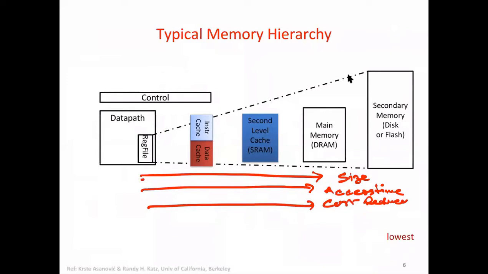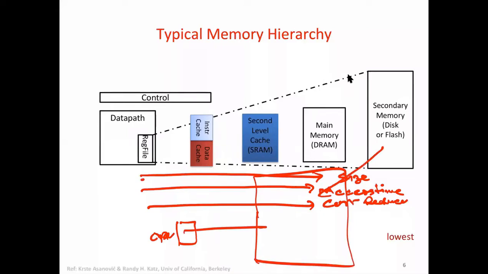So the idea that we have seen is that essentially the CPU must see memory of very large size, at the speed of whatever is possible with a level 1 cache.